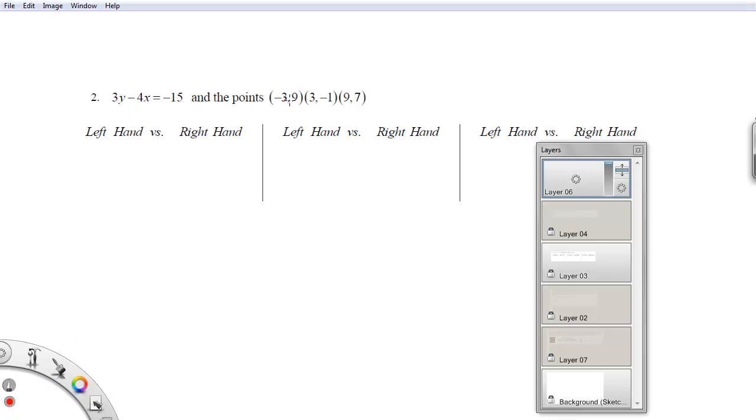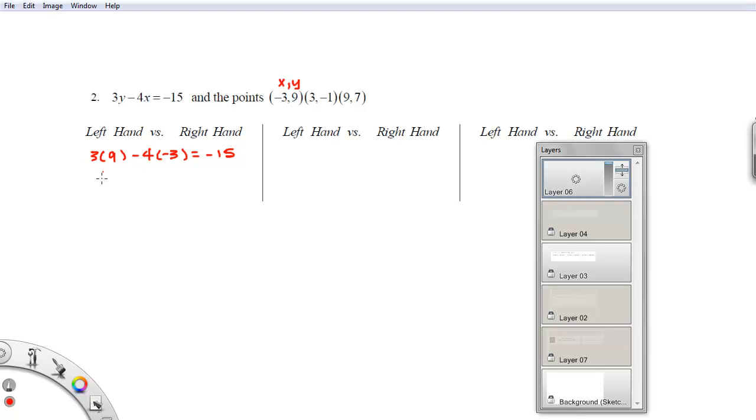So when you substitute, don't be putting a negative 3 in for y thinking because this one's first it goes with the first variable. That's not so. You have to remember we're dealing with an x and y ordered pair. So 3 times y, y is 9, so 3 times 9, minus 4 times x, x is a negative 3, has to equal the negative 15.